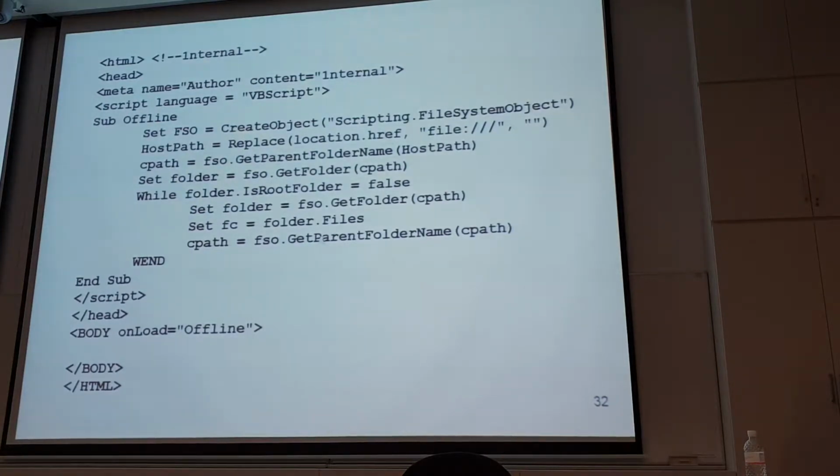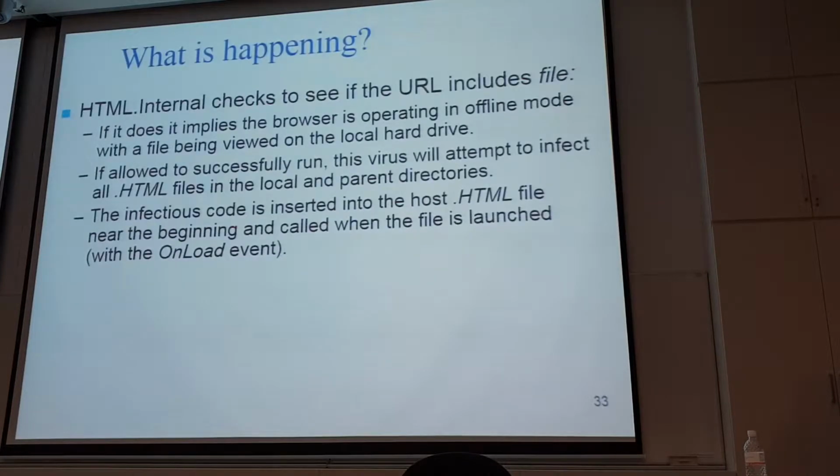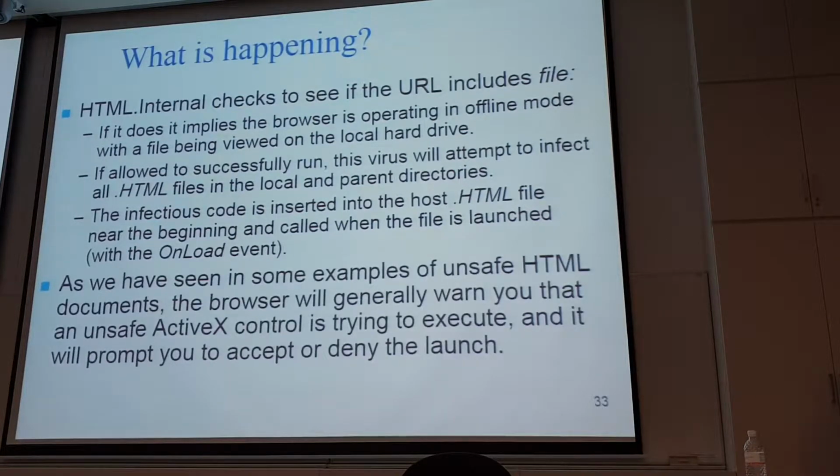So this is a very simple piece of code, and because we again have a lot of functions available to use, this kind of virus can be written very easily. So this explains what is going on in the code.